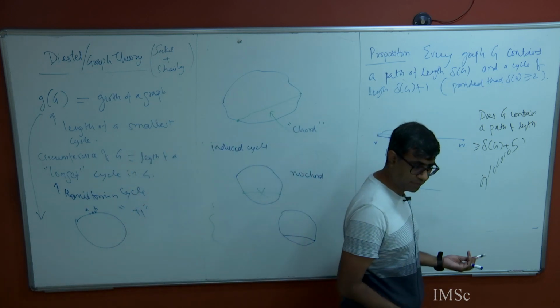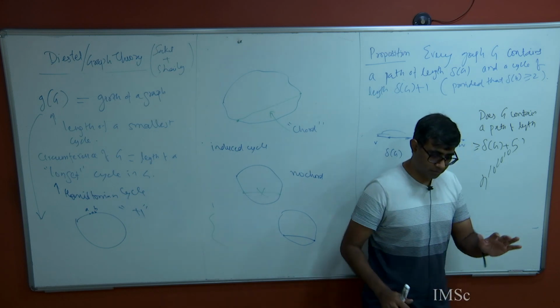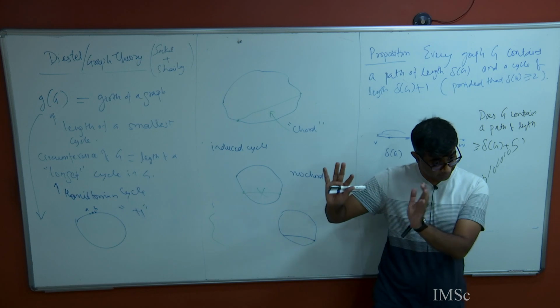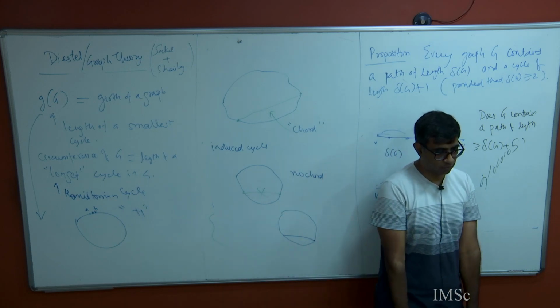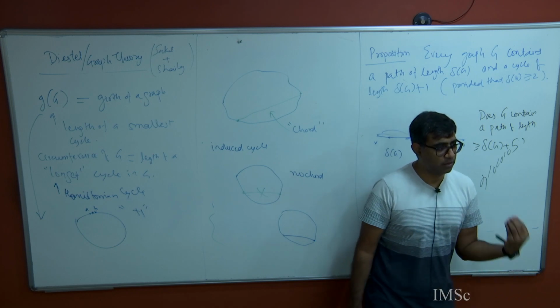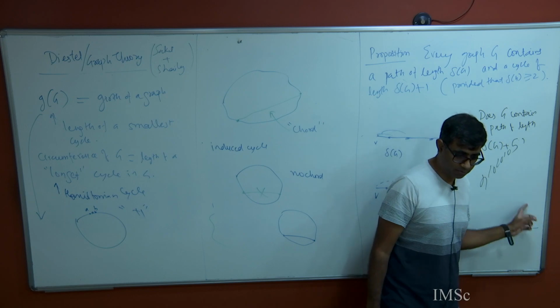No, it's a very efficient algorithm. It's n square. But there is an algorithm. It's not something you would have seen in your polytime algorithms course, though it is a polytime algorithm.